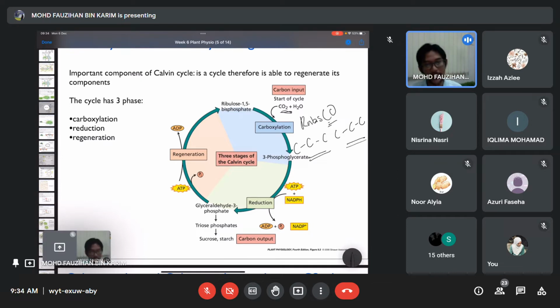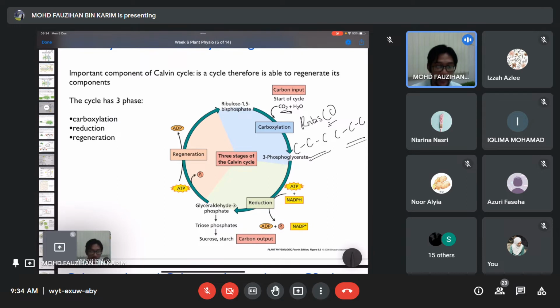Okay, settle. Carboxylation. Alright. Okay, those 3 carbon ones, they will go for the next reaction. We call it reduction. The process of accepting electrons for 3 carbon molecules. Okay, why I said 3 carbons or 3 PGA, 3 phosphoglycerate, is the same.